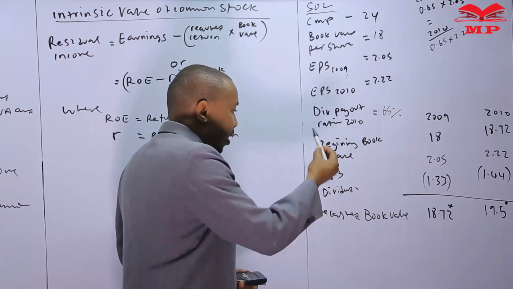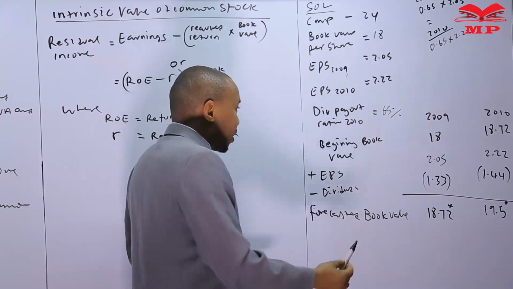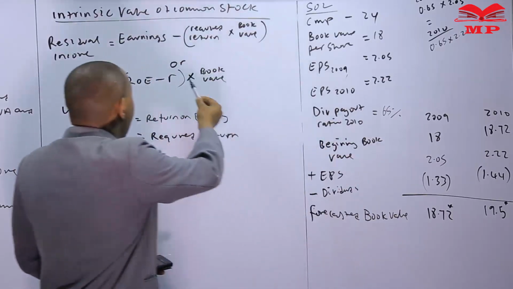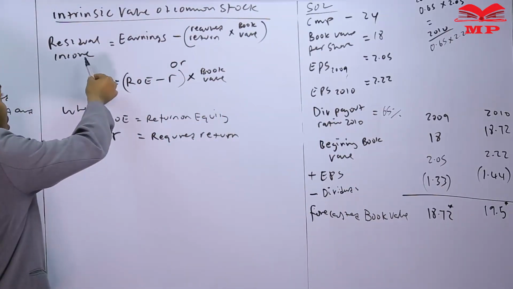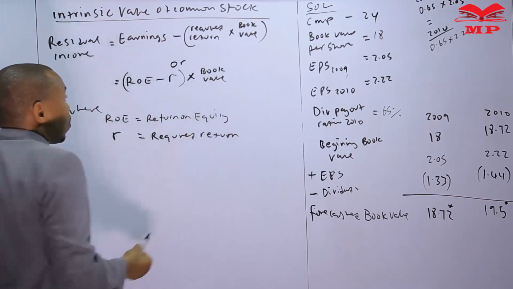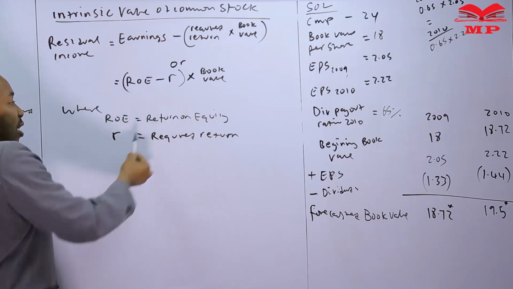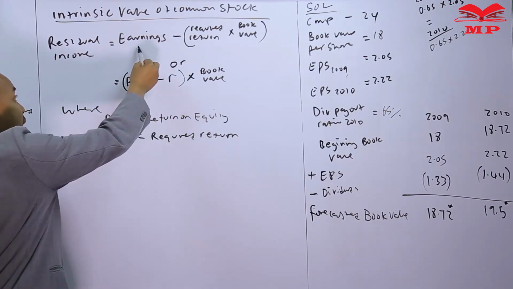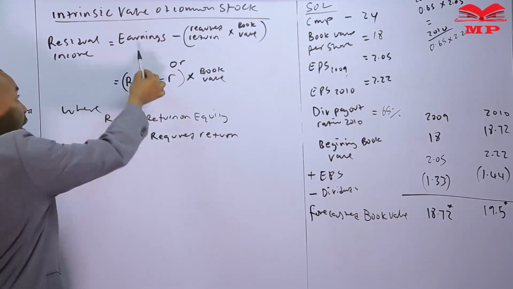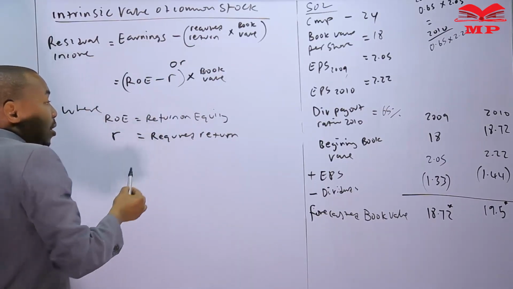Now to get the residual income, based on this formula here, remember the residual income is the earnings minus the required return times the book value. In this case, we do not have the ROE, the return on equity, so this is the formula we should go by: the earnings less the product of the required return and the book value.